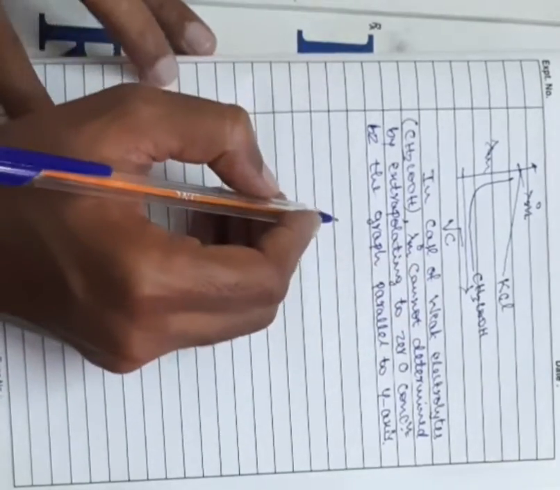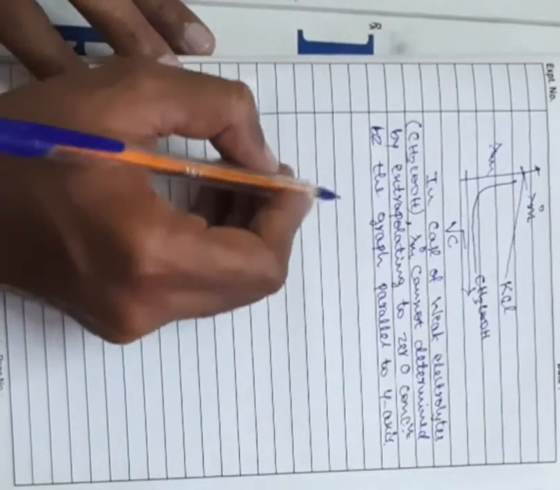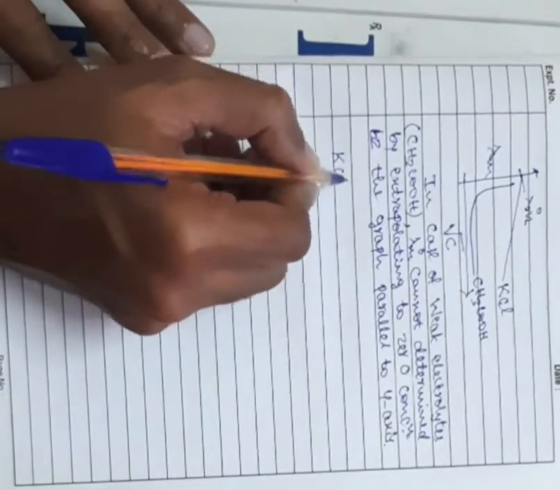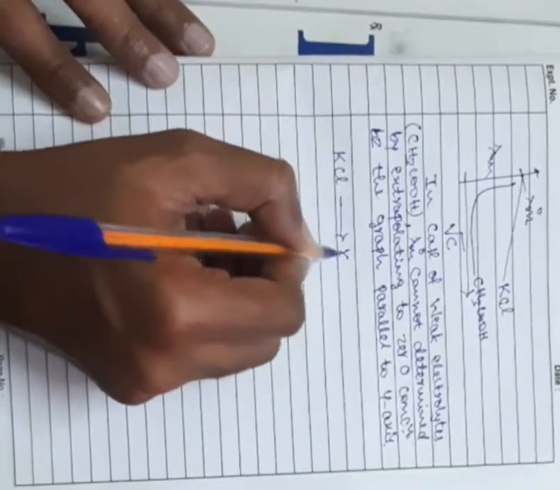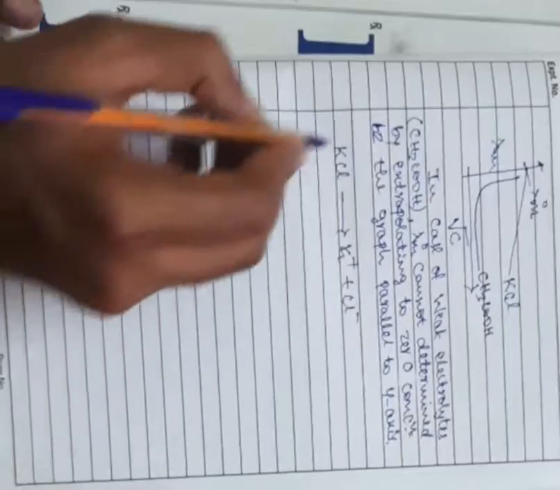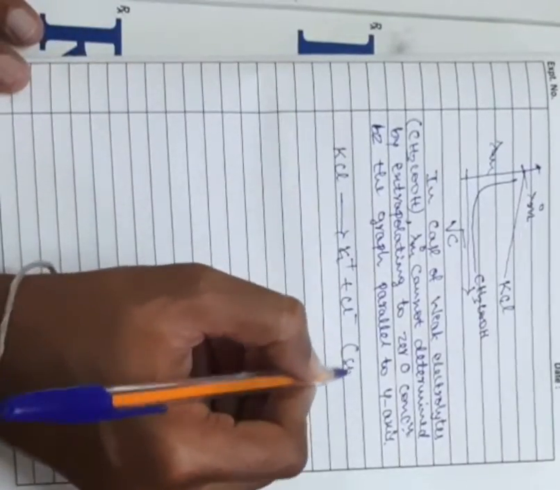Already you know that in the case of strong electrolytes like KCl, it is a strong electrolyte and will ionize completely into K plus and Cl minus.